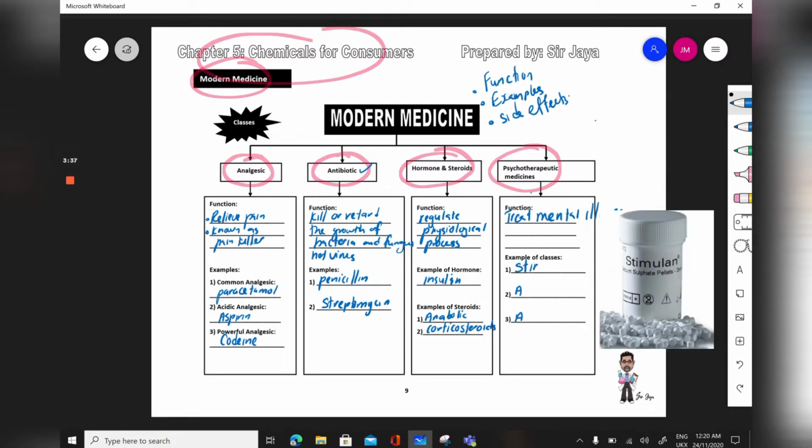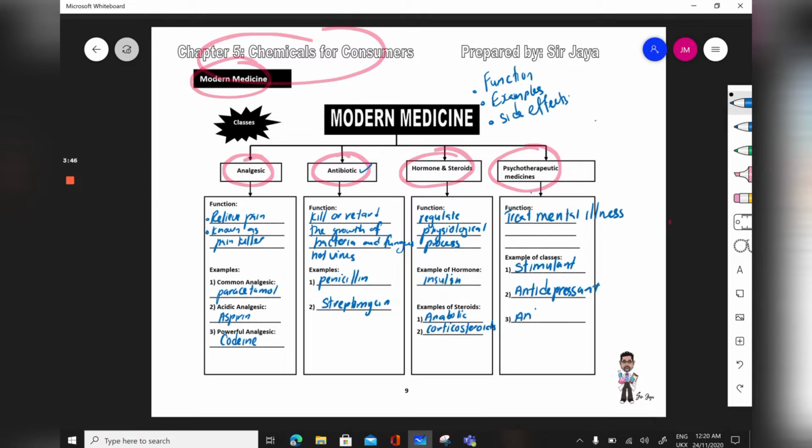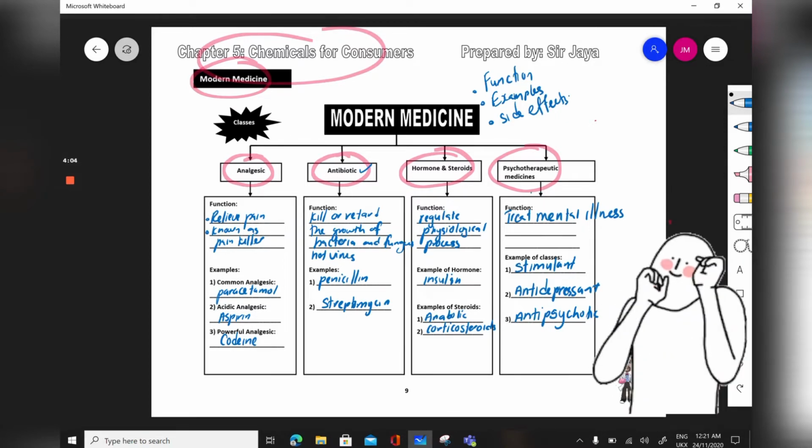S stands for stimulant, A stands for antidepressant, and finally antipsychotic. In the next part we will move on to the analgesic, and we will check paracetamol, aspirin, and codeine, and their functions and the side effects caused by these classes of modern medicine.